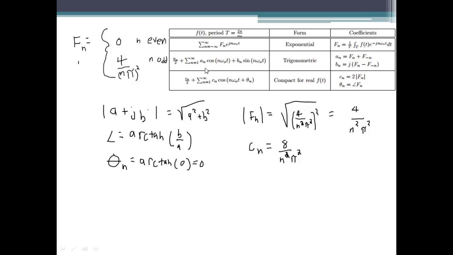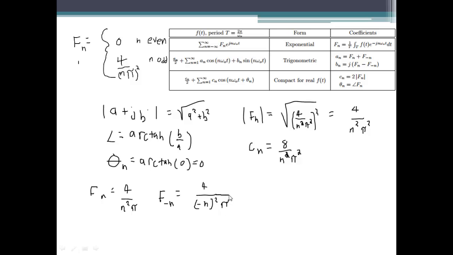Now, to go to trigonometric form, what we would do is for the a sub n values in front of the cosines, we would take f sub n plus f sub minus n. And in order to find f sub minus n, you just plug in a negative n anywhere you see an n in your equation. So f sub n is just the same, 4 over n squared pi squared, and f of minus n is equal to 4 over negative n squared pi squared.